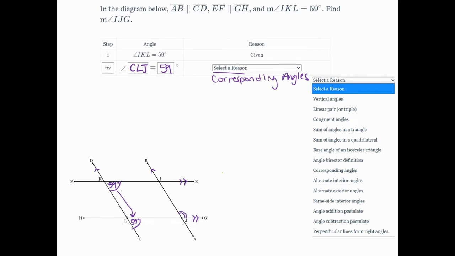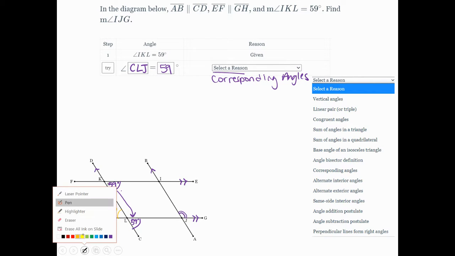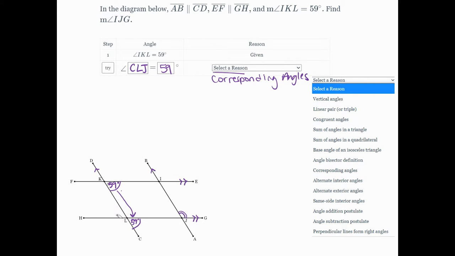There's a couple different ways I could go about this. I have lots of parallel lines, so I can use angle pairs. I could do some vertical angles, but vertical angles isn't going to take me in the right direction, because my vertical angle here would be 59 degrees, which doesn't really help me get to that other angle. There's lots of different paths you could take.